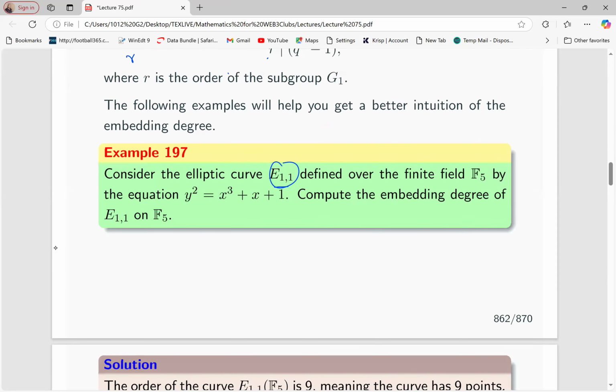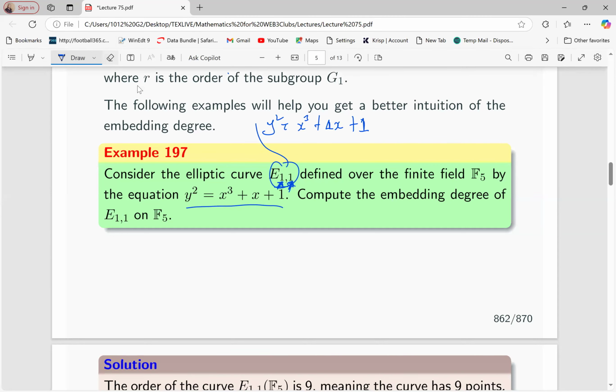The first letter here stands for A, and the second letter stands for B. So this elliptic curve is y squared equals x cubed plus ax plus b, where a is 1 and b is also 1. So this is the elliptic curve.